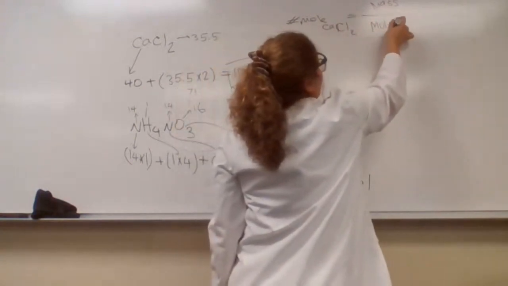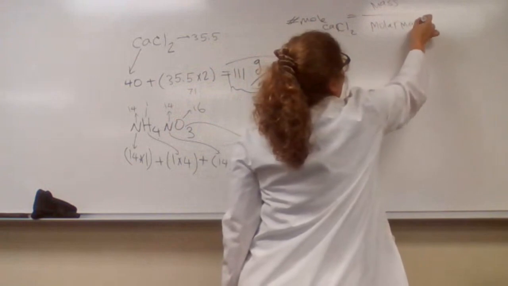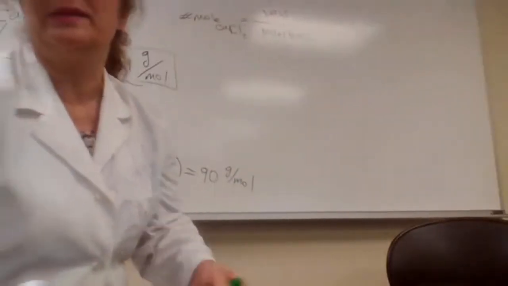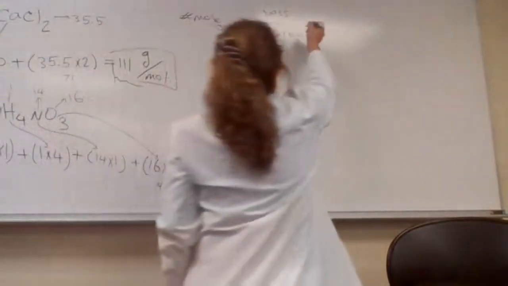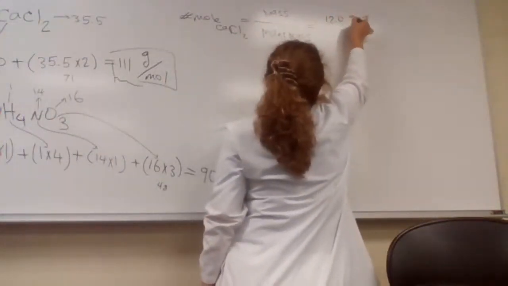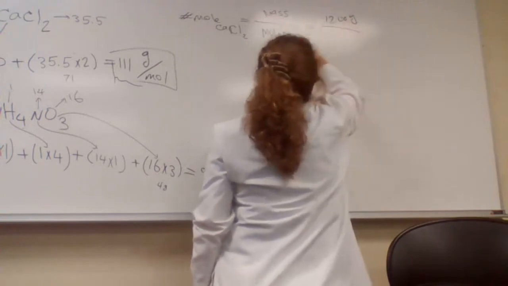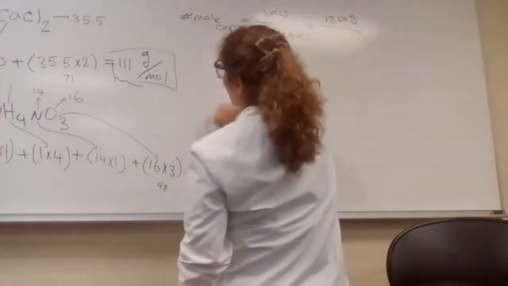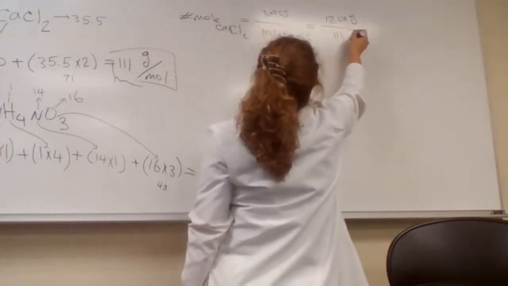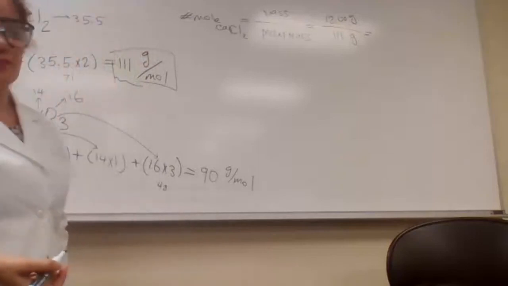It's the same thing, molar mass. So what is the mass of calcium chloride? Mass of calcium chloride, we measured 12 grams. You divide that by the molar mass for calcium chloride, which was 111 grams, and you find the number of moles.